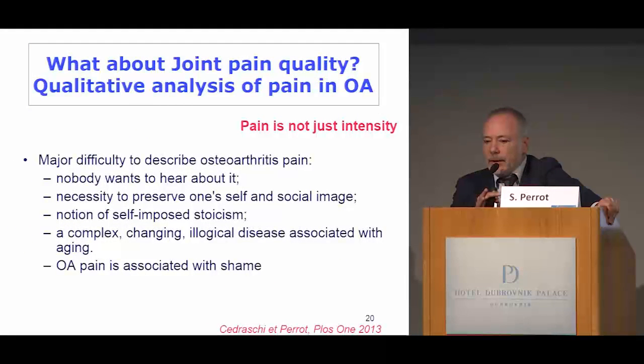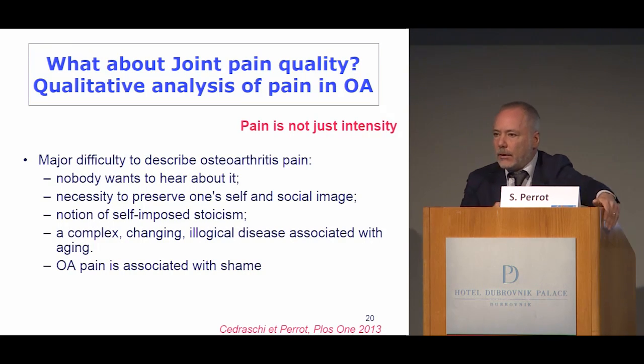But joint pain is not only pain intensity. We should mention pain quality. And this is probably very interesting to consider. And here is a study we did, a qualitative study on patients with pain related to osteoarthritis. For most of these patients, this kind of pain related to osteoarthritis is a very difficult pain because nobody wants to hear about it.